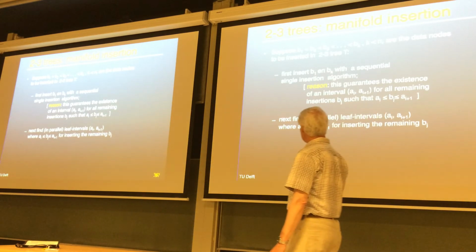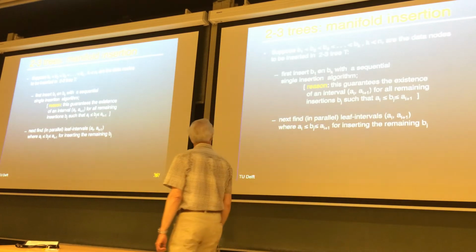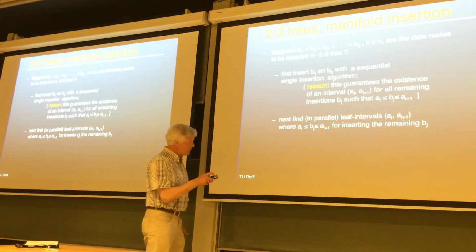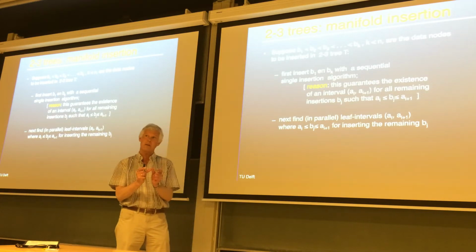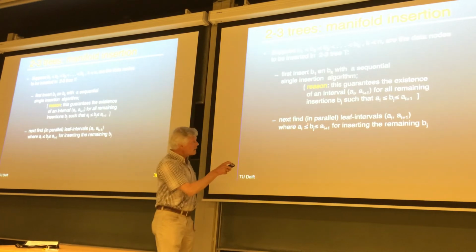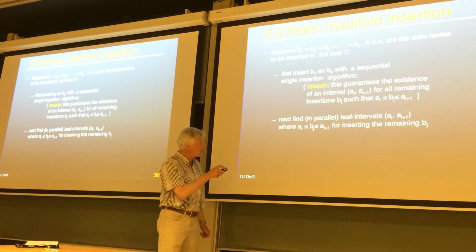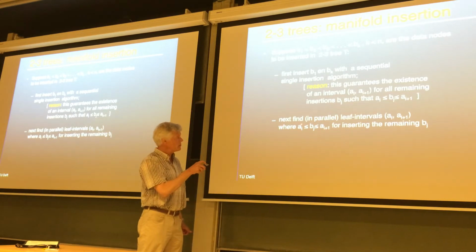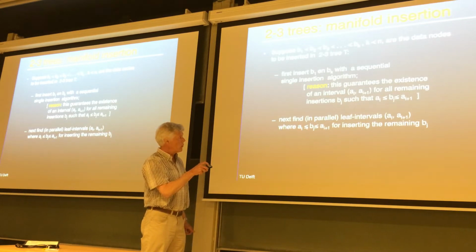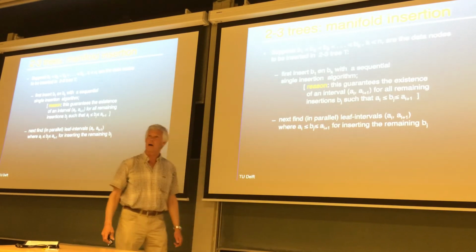And now we will find in parallel the leaf intervals AI and AI plus 1, the successive leaf intervals where these new elements have to be placed. So for every Bj, we will find in parallel where AI and AI plus 1 are located.